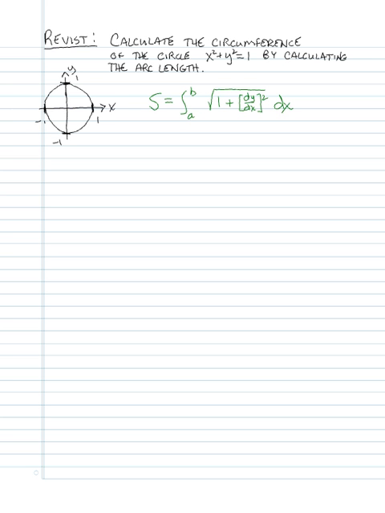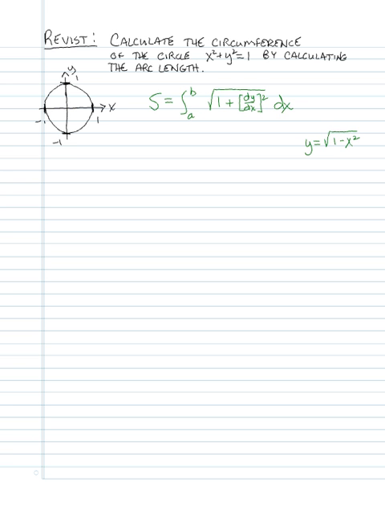One thing that we could do here, to find the derivative of y with respect to x, is use implicit differentiation. But what I'm choosing to do is solve x squared plus y squared equal 1 for y. And so when I do, of course, I'll get y is equal to the square root of 1 minus x squared.